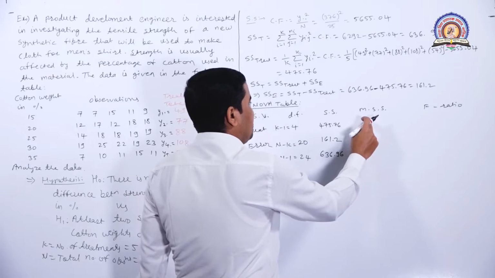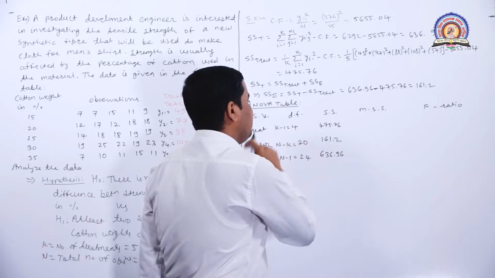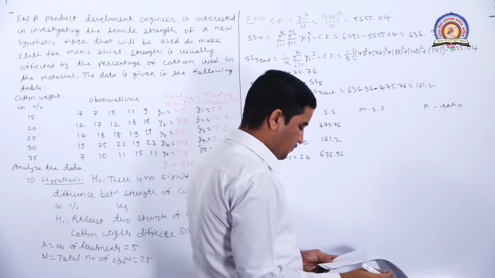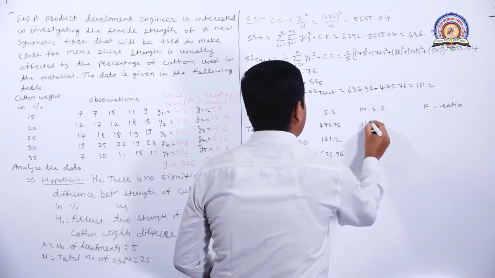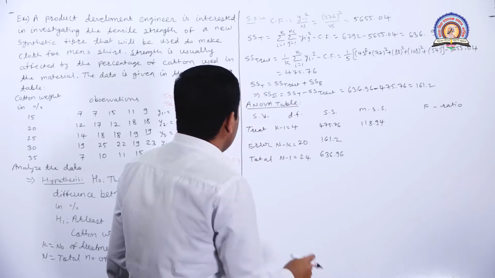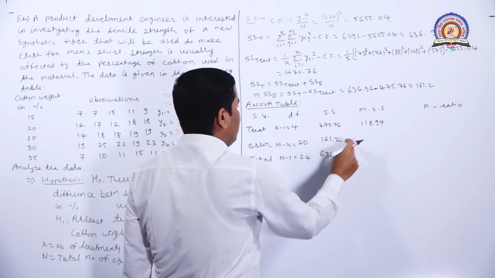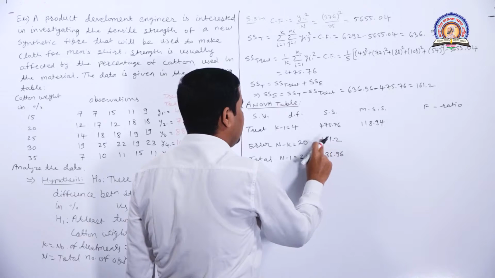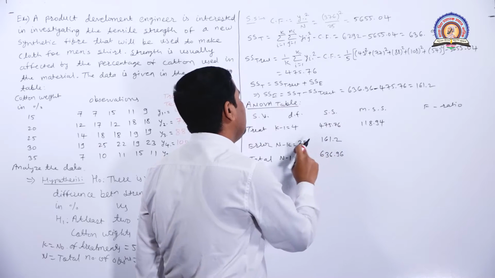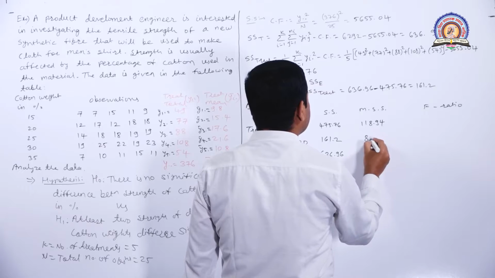So MS treatment is 475.76 divided by 4, which becomes 118.94. MSE is sum of squares due to error divided by 20, so 161.2 divided by 20, which becomes 8.06.